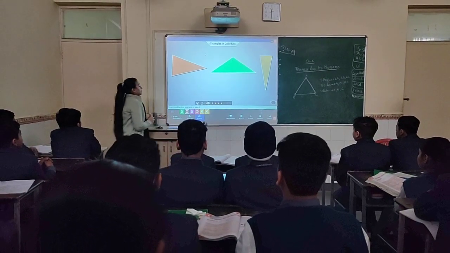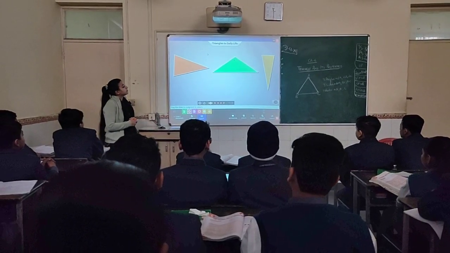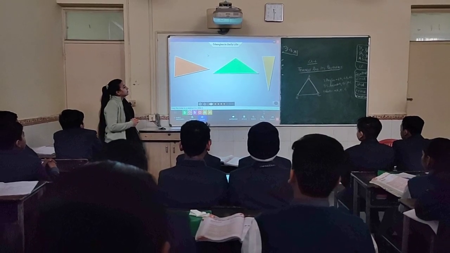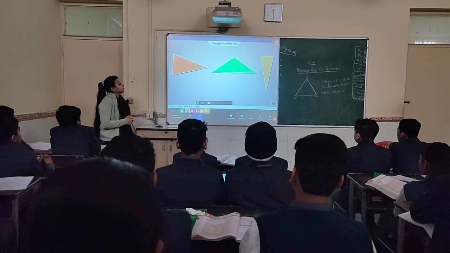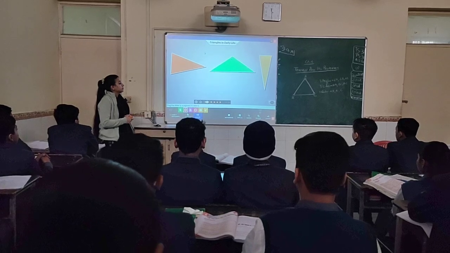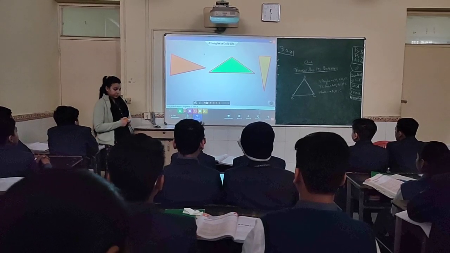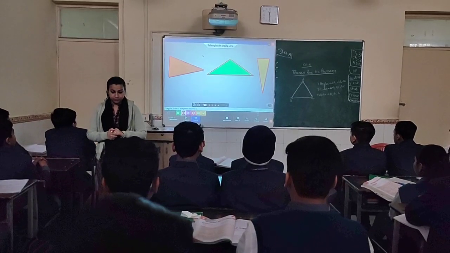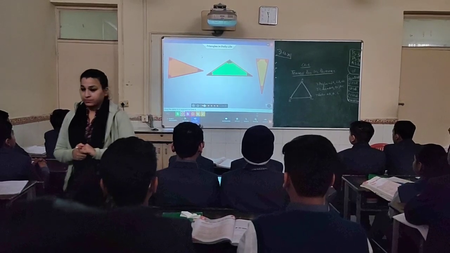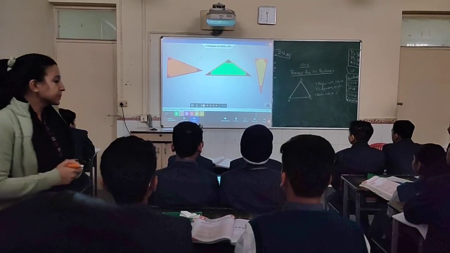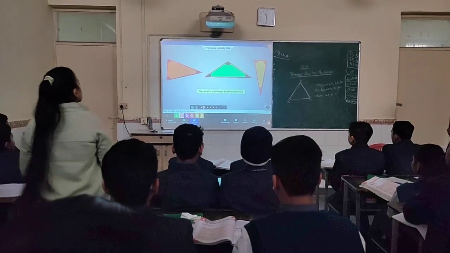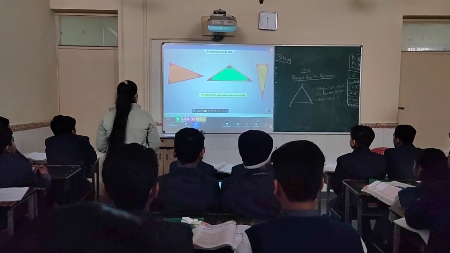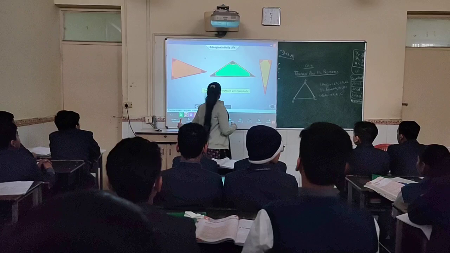Triangles may not necessarily be the same. Like any other object, there are various types of triangles. The sides may be of different lengths, or they might have different angles. In order to differentiate any two triangles, we name them differently.